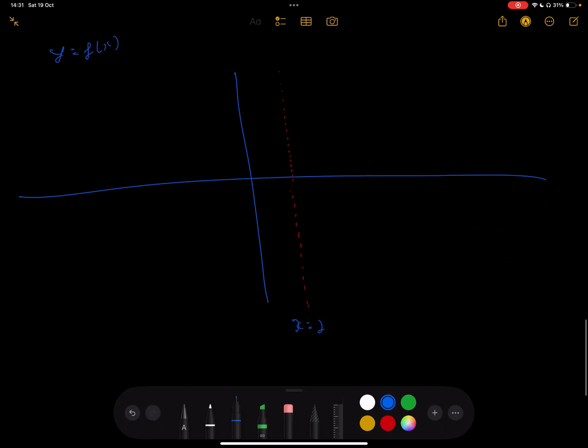And we can say that this intercepts the y-axis at -3, so we'll have one here. That's a key point at -3. And it will be like that as well.